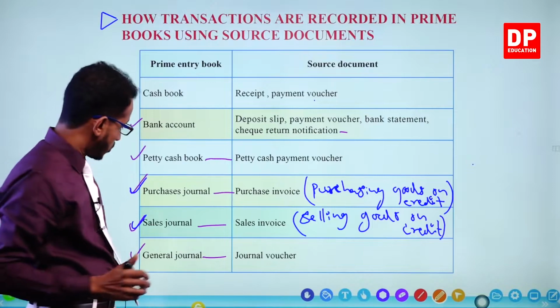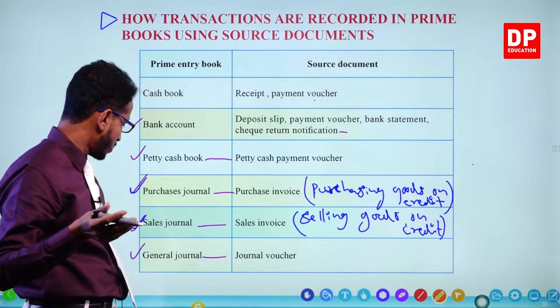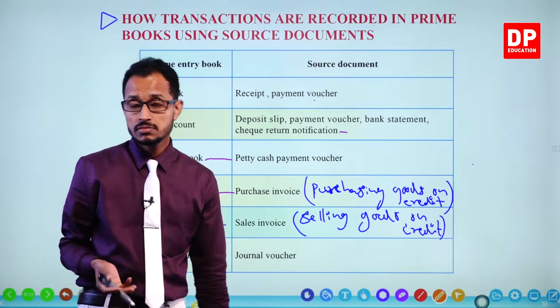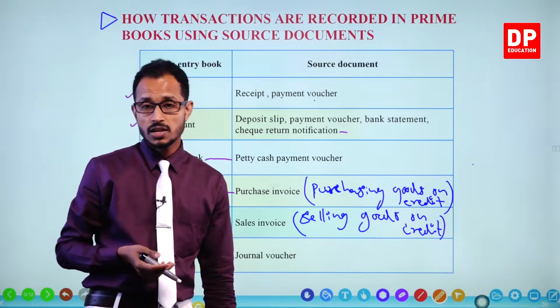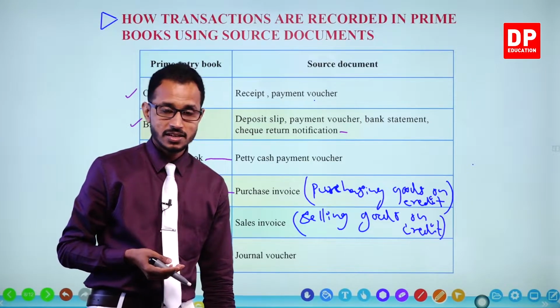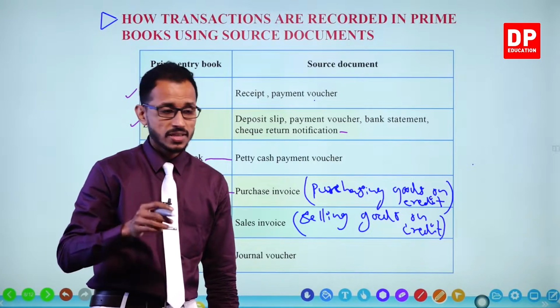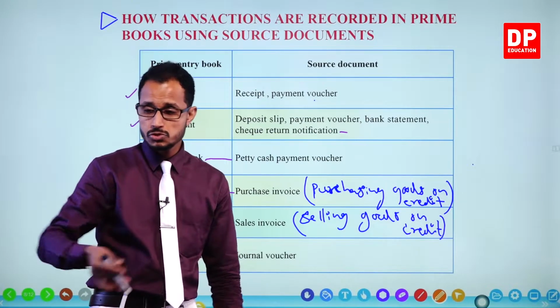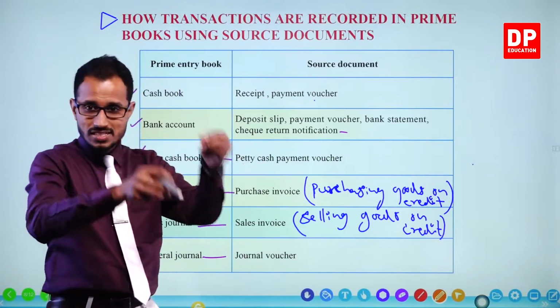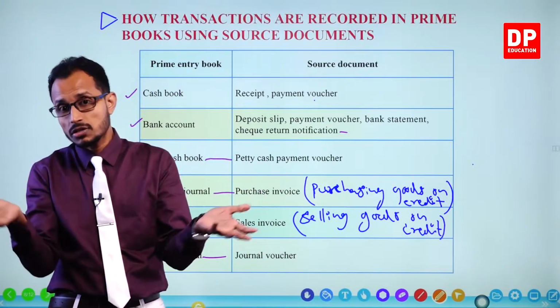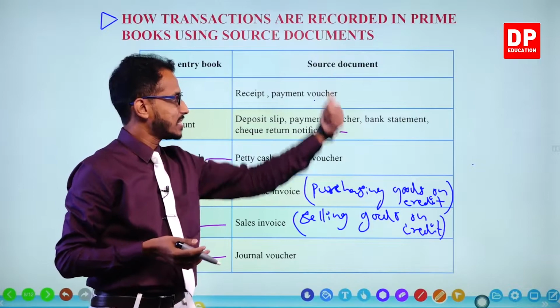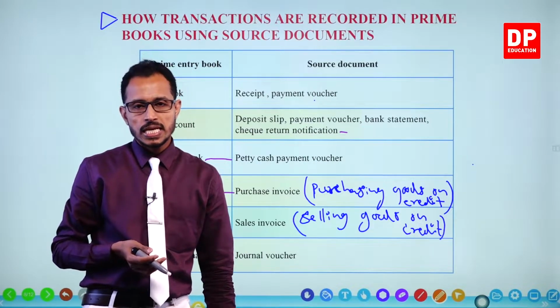Finally, the general journal. I told you that the general journal is somewhat similar to a garbage bin, a dustbin in your classroom. Just to remember, a general journal is used to record all the transactions which cannot be recorded in these other journals.